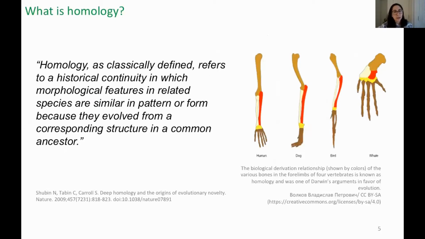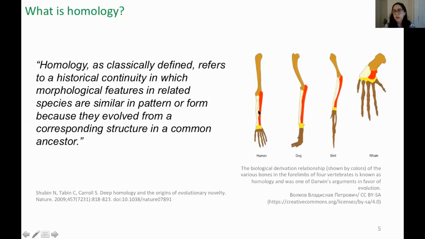And we have here a definition that says homology refers to a historical continuity in which morphological features are similar in pattern or form because they evolve from a corresponding structure in a common ancestor. So for example, we have in this figure the bones in the forelimbs of some vertebrates.